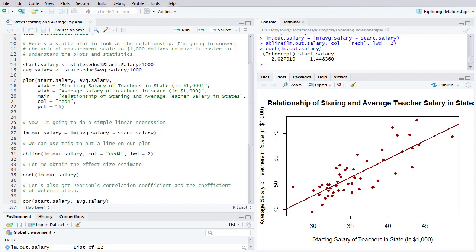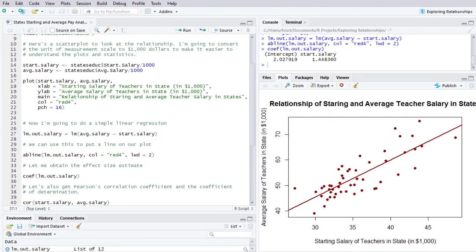In short, there are a variety of possible explanations. All we know for sure is that differences in starting salary are associated with even higher differences in average teacher salary. How good is the model?